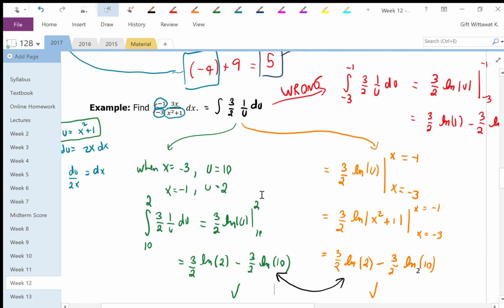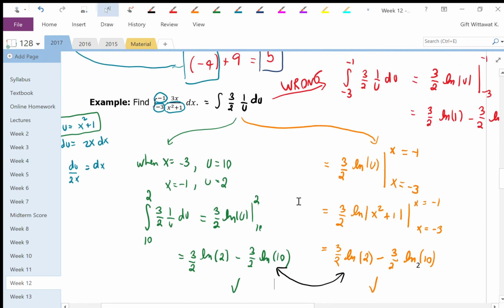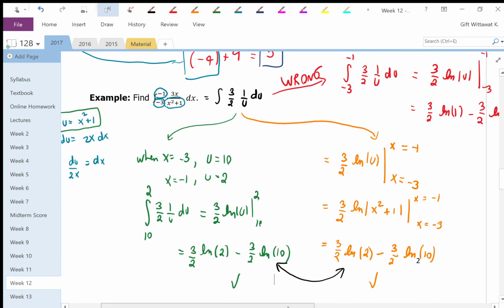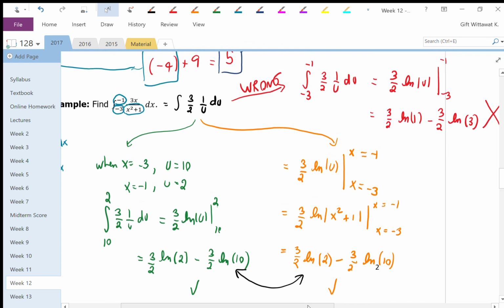So when you have to compute a definite integral where u-substitution is involved, make sure that you do something about the endpoint values, because they don't go in as is; they are values of x, not values of u. There are two ways to do that.